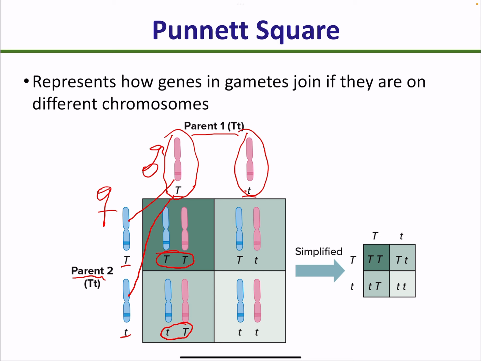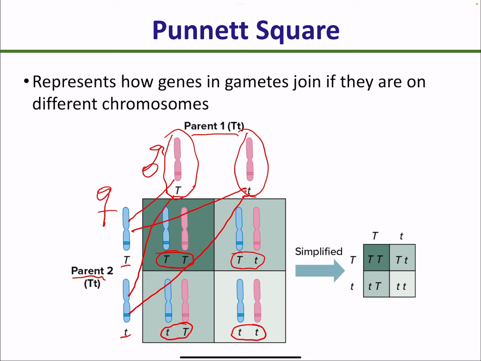Likewise, this gamete here can fertilize this gamete, in which case we have capital T, lowercase t. And this gamete can fertilize this one here, in which case we have lowercase t, lowercase t.